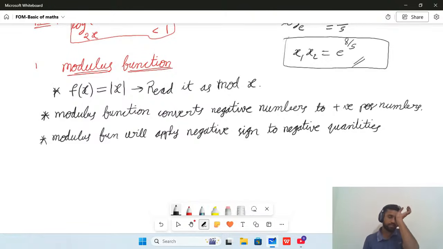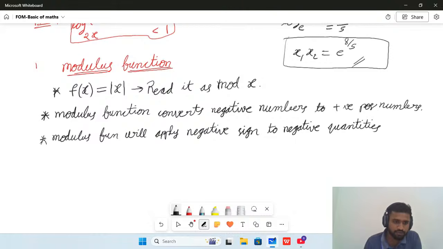What will happen if you apply a negative sign to a negative quantity? It will become a positive quantity. So basically f of x equals mod x, read it as mod x, and the modulus function will convert the negative numbers to the positive numbers. It will apply a negative sign to the negative quantities, so that the output will be positive.